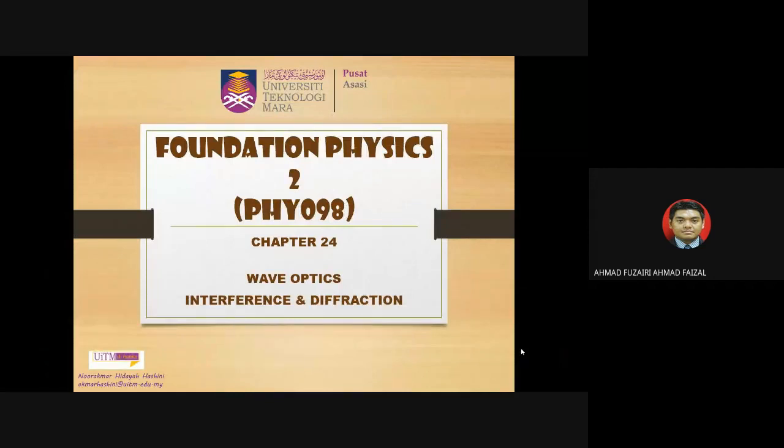So this is wave optics, but for the diffraction part. As I said to you earlier, this is where we try to learn the optics in diffraction. Before this, we learned about interference.